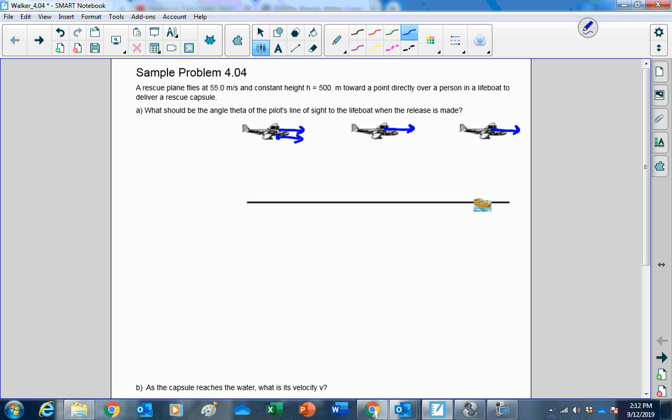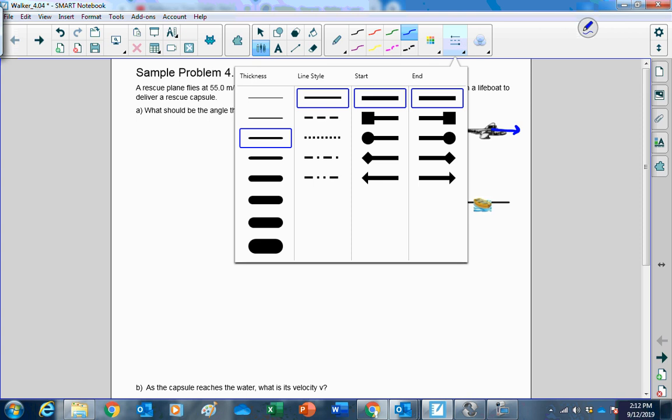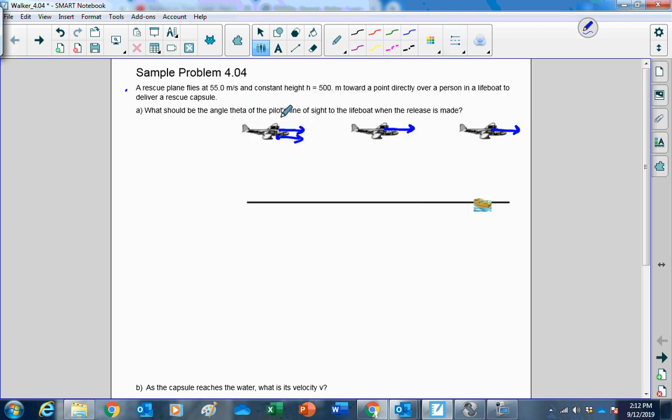It's got the same velocity as the plane because it came from inside the plane. And so it counts as a projectile that is launched horizontally. It has no vertical velocity to begin with because it wasn't launched upward or downward. It's just released from the plane, which was moving sideways to begin with.